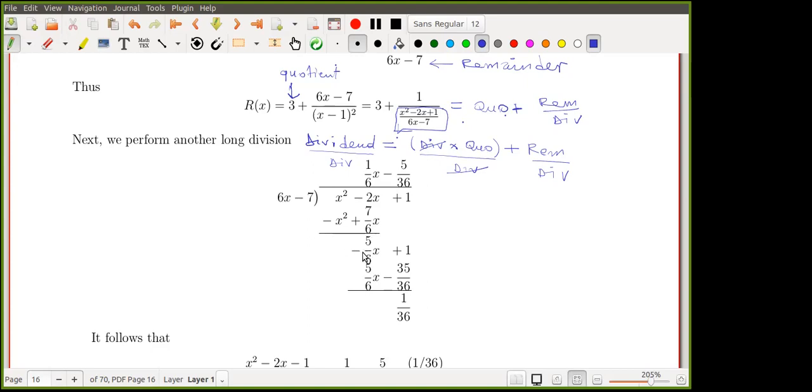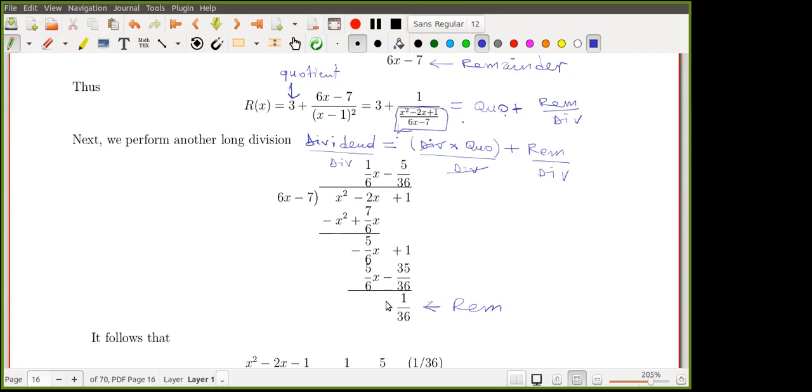If we divide this by 6, it will be negative 5 by 36, because 36 is 6 times 6. That's our quotient, and then we multiply the divisor by that, and if we multiply throughout, we get this, and then we subtract that, we multiply by the negative sign, we add them up. So this and that will cancel out, and then we have 1 minus 35 by 36. That will give us 1 by 36, and this is our remainder.